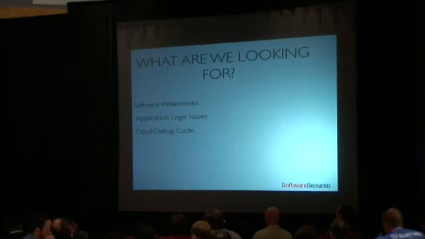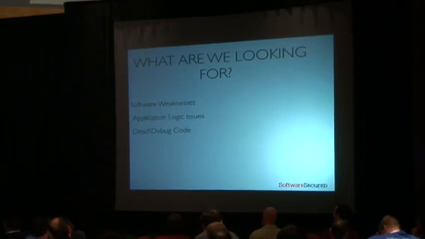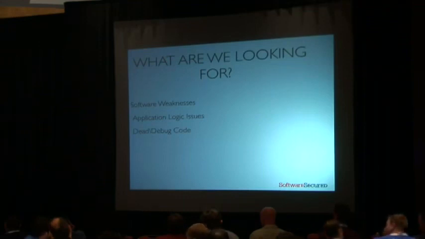Dead and debug code are usually places in the application that are not well attended to. A developer might have started working on a feature, requirements changed, the feature made the code, he already submitted it to SVN, the deployment manager took everything in SVN, put it on production, and there you go, an unfinished feature on production that doesn't have the same security controls, same validation, as production code.